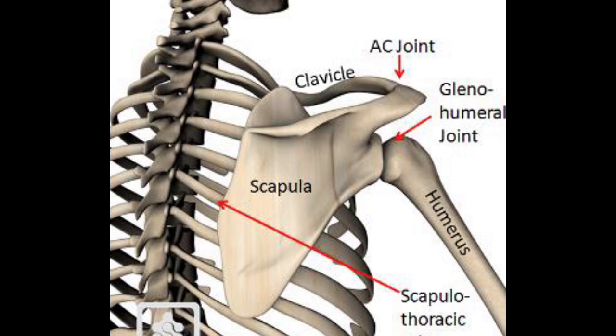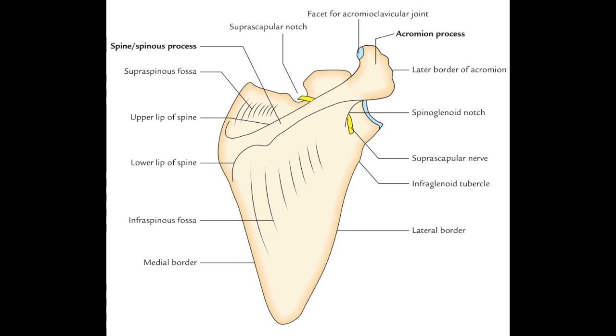It's mobile, and it's made up of a body and three processes. The three processes are the spinous process, the acromion process, and the coracoid process. We are taking it one step at a time. It is very mobile, which means you can move it, during rotation and movement of the humerus around the scapula.